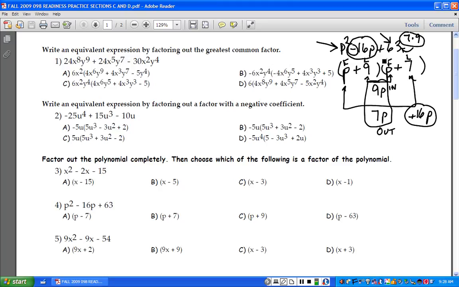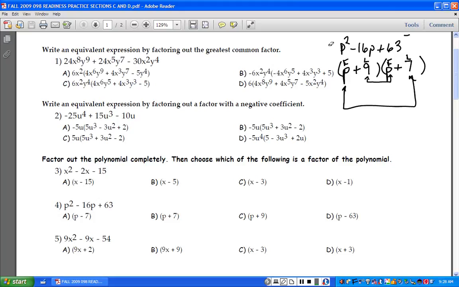Okay, so let's try something here. Now we had the positive 16 when we did our outside and inside combination, and we said we needed a negative 16.